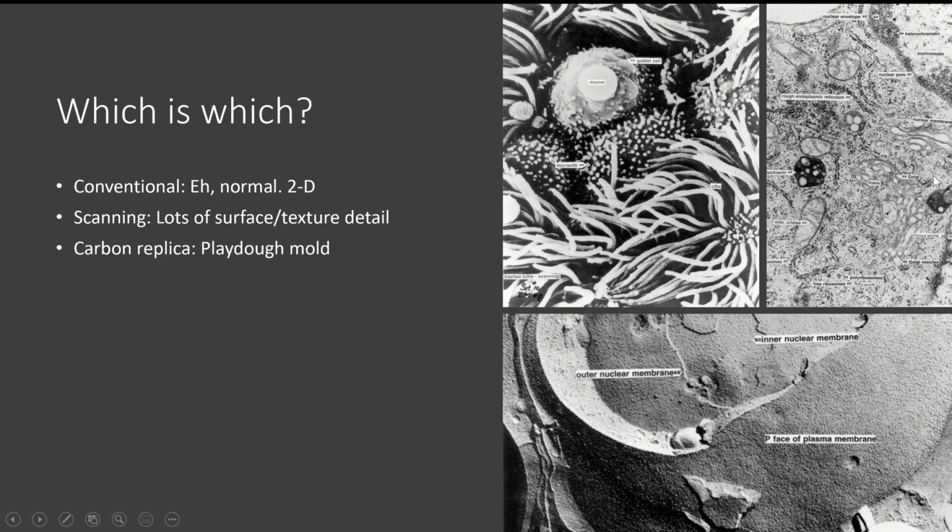And so that's going to be this one right here. When we look for scanning, that's the one that's going to be very 3D. It's going to give us a lot of textures, surface detail. There's going to be shading and stuff. It's going to be like we literally scanned in an image of what was going on. So that's going to be this one, okay? And then carbon replica is going to be this one, right? So it looks like a Play-Doh mold, a carbon replica of whatever we made.